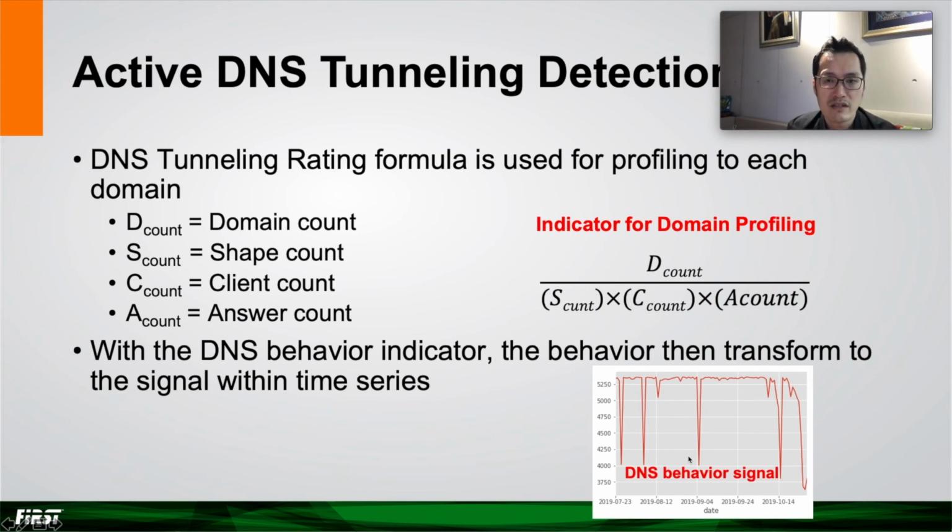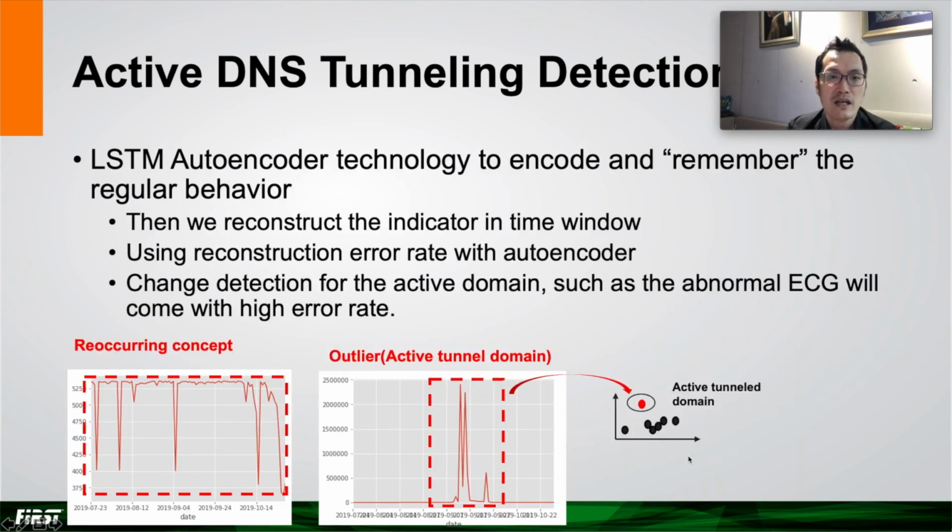Now, with the DNS behavior indicator, the DNS behaviors are transformed into a signal problem within the time series. And to detect the DNS tunnel behavior, we then use outlier detection as the means.